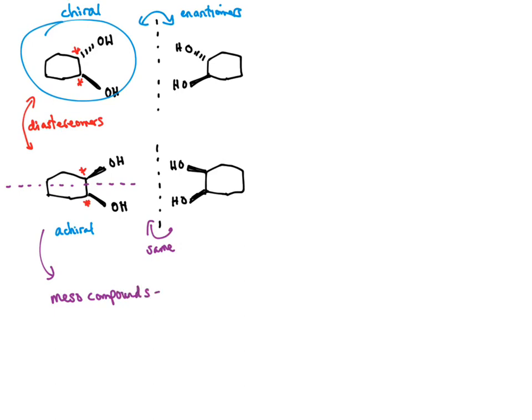And so meso compounds have stereocenters, but are overall achiral because they possess an internal plane of symmetry.